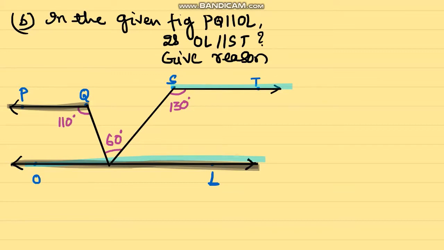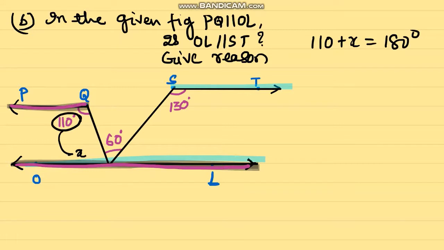First, let us see what we can do here. See here, PQ is parallel to OL. This is given. So PQ is parallel to OL means this one is 110 degrees, and so this angle and this angle, both these angles are 110 degrees, and suppose if this angle is X, let us say that this angle is X. So 110 plus X will be equal to 180 degree, because this 110 and X are making co-interior angles.